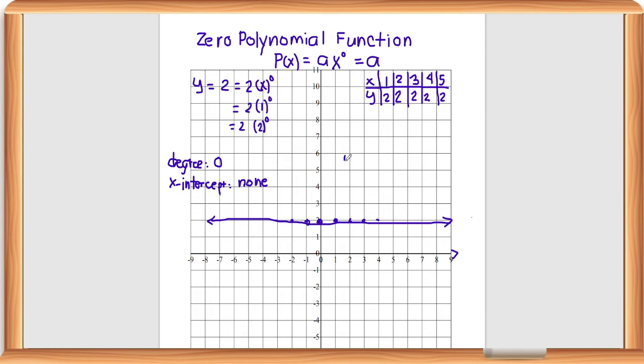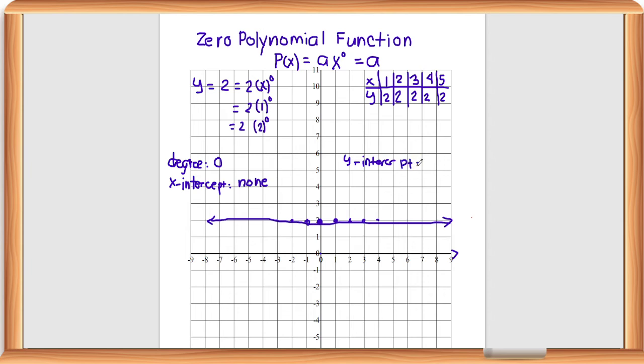How about the y-intercept? The y-intercept is where your x is equal to 0. So if x is 0, where is your y? It is still at 2. Here. When x is 0, y is 2.